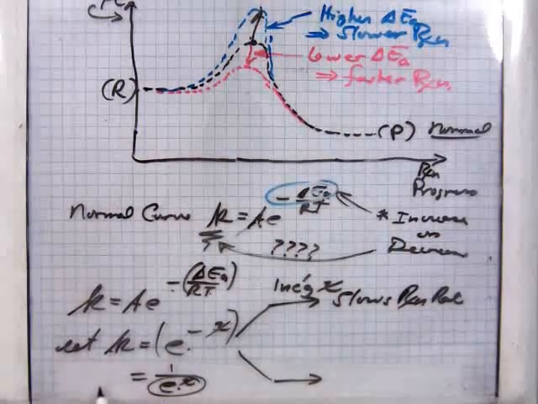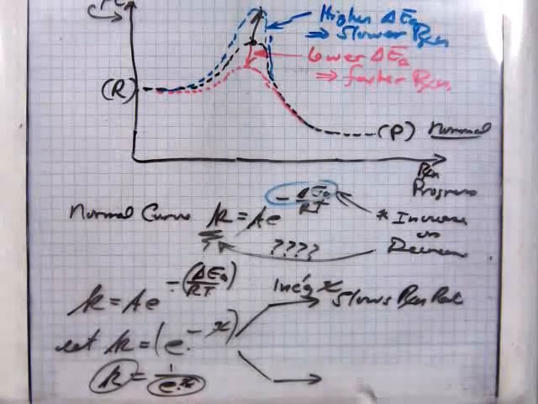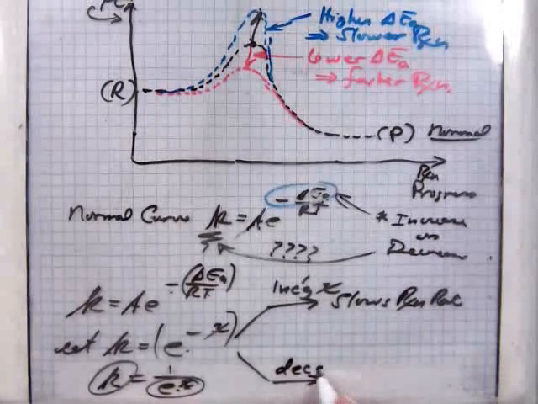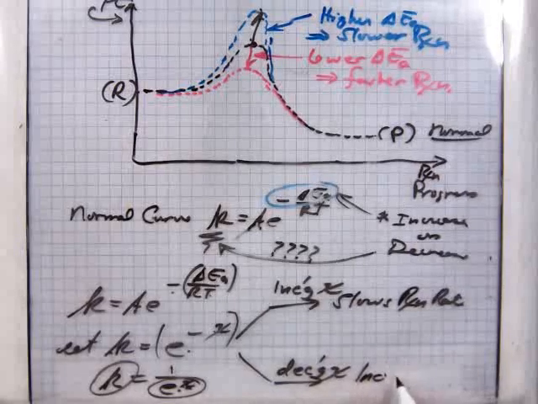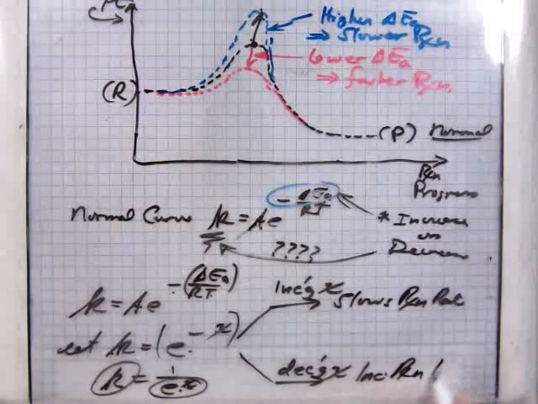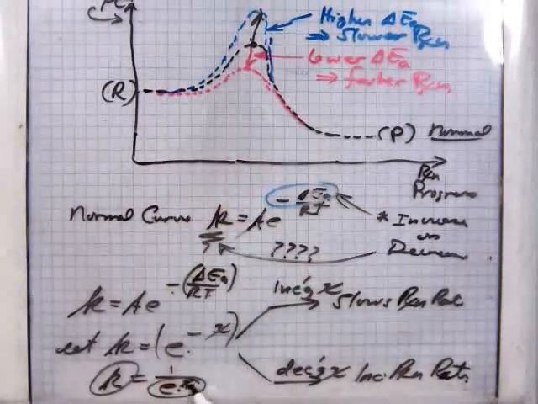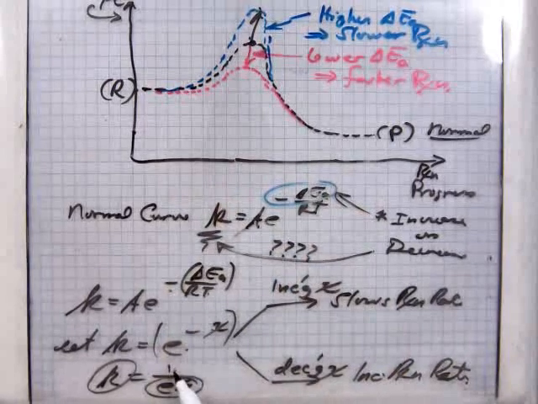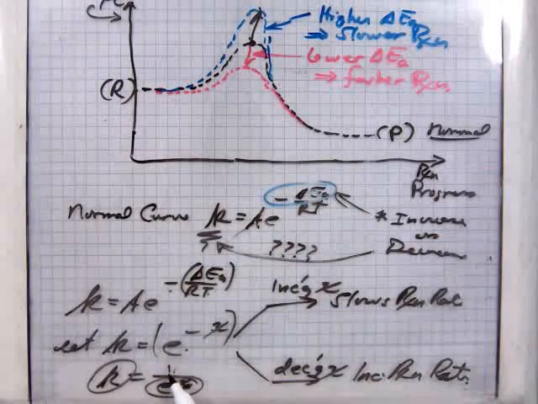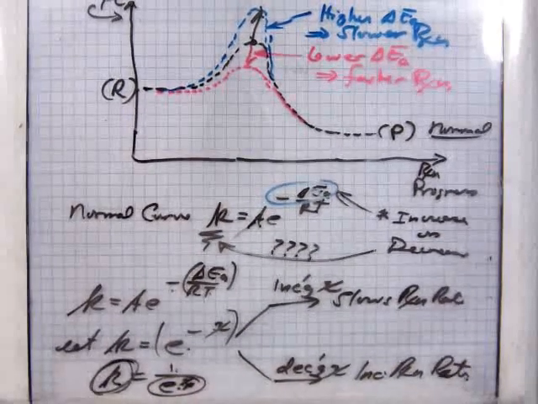So the rate K is lower because you increase X. Well, the same issue is decreasing X increases reaction rate. Because what happens if you decrease this number? Okay, if it gets smaller, this approaches 1 anyway in this ratio, so K would speed up.